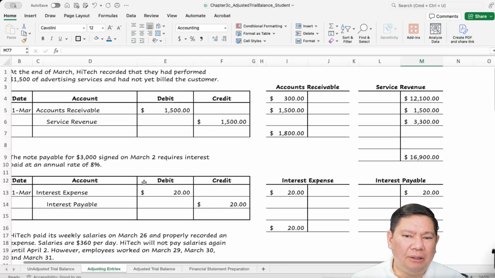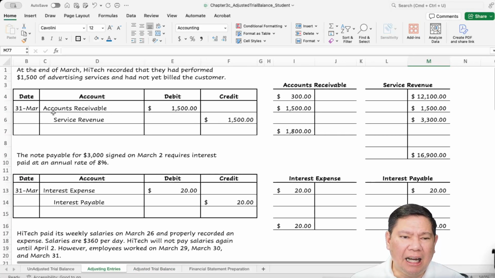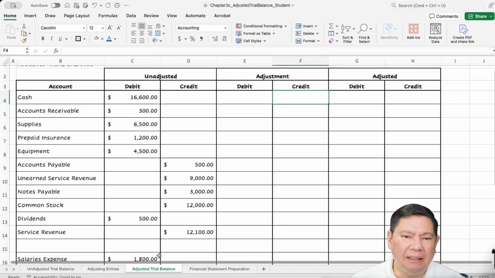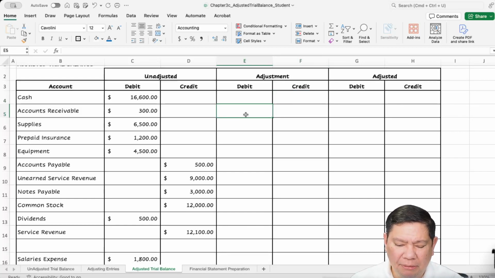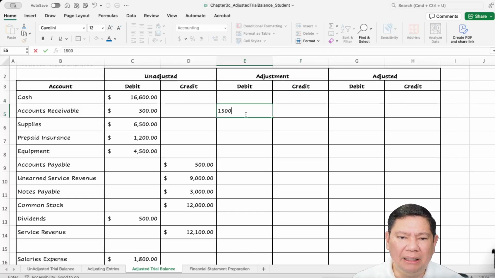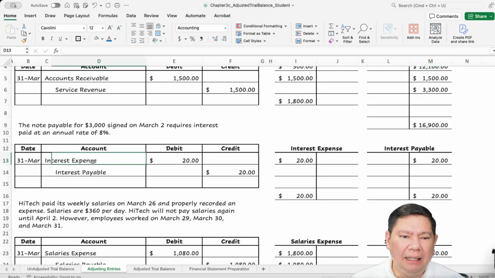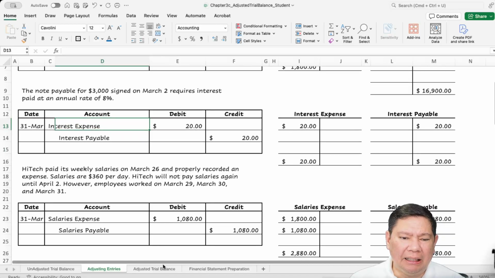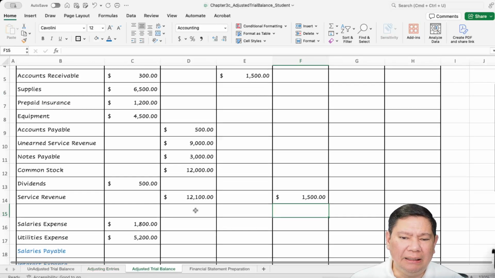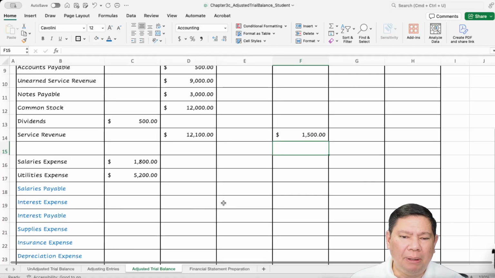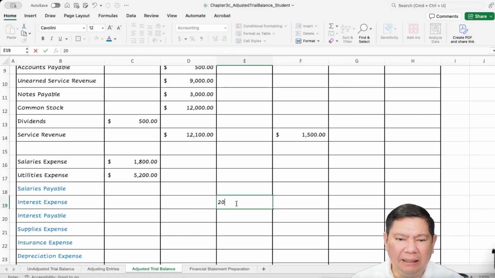So let's take a look at the first adjusting entry, accounts receivable and service revenue 1,500. So accounts receivables goes up by 1,500 and revenue goes up by 1,500. The second adjustment, interest expense and interest payable, $20. Interest expense is new, $20.